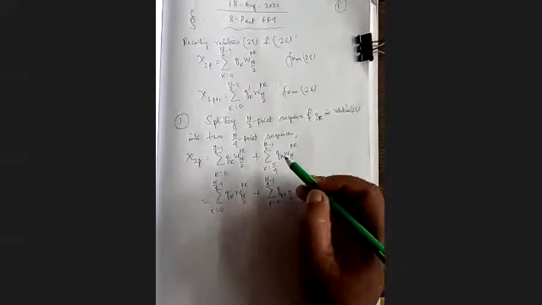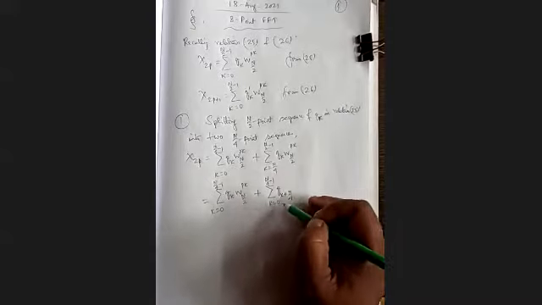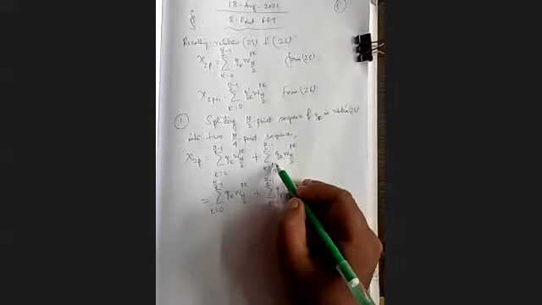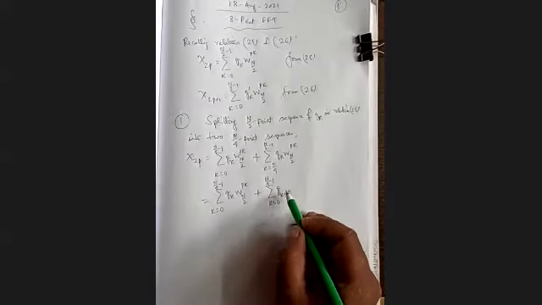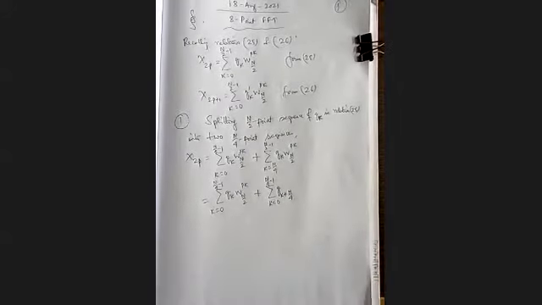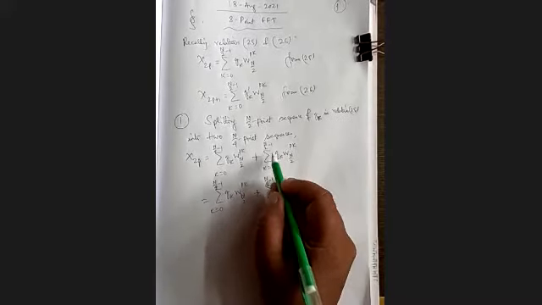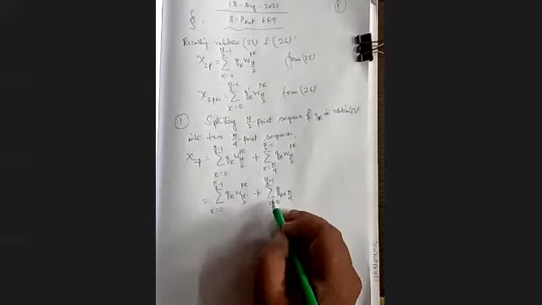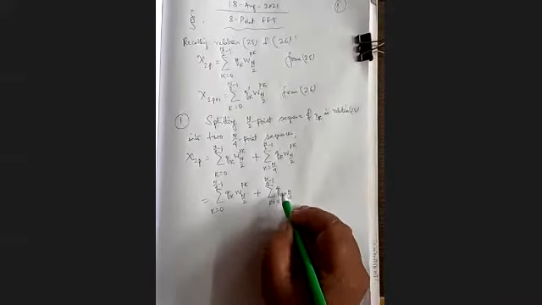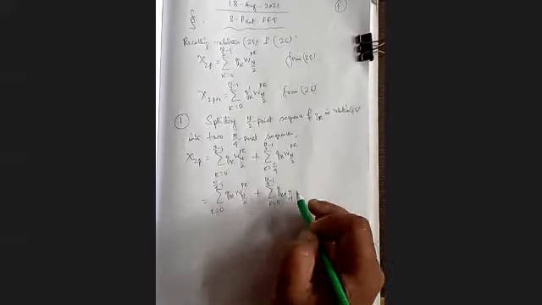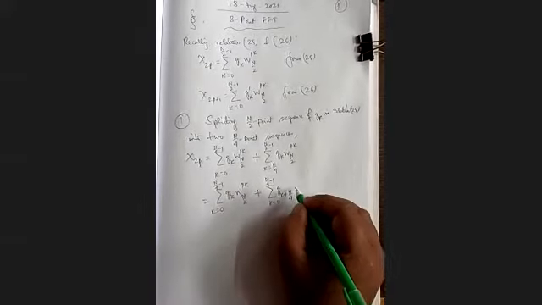I am not repeating the same discussion. Directly from this step, I am writing that with an understanding that the starting value of g here is n/4. Here also the starting value of g is n/4. The end value of g here is n/2 minus 1. If you put the end value of k, you will also get that the end value of g will be the same, that is n/2 minus 1. So there is no change at all.